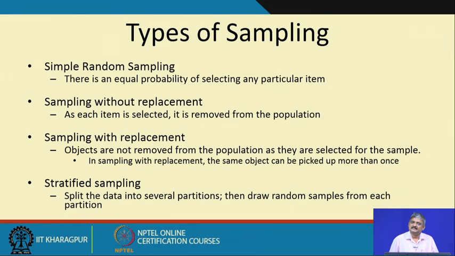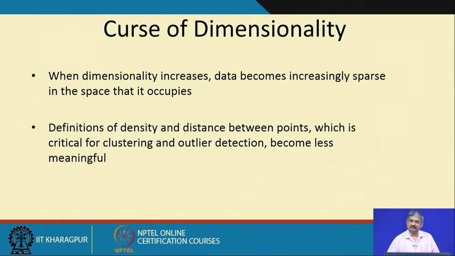Each of these techniques have their own advantages and disadvantages. There are many other type of sampling also, bucket sampling which is suitable for a large volume of data, and many other techniques are there, but depending on the problem some sampling algorithm is suitable, which again when we discuss the specific algorithms we will decide which is the best algorithm.